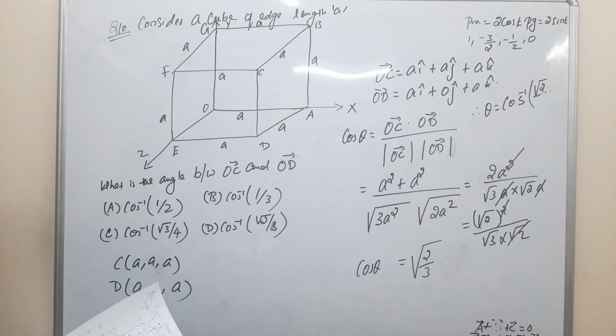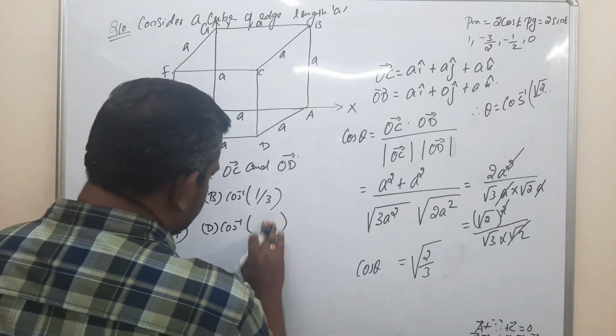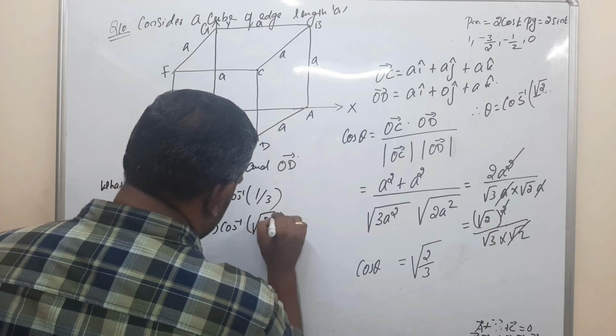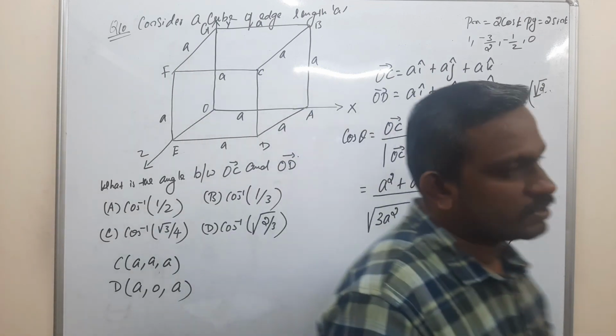So this option, cos inverse of root 2 by 3, with 2 by 3 within the root.